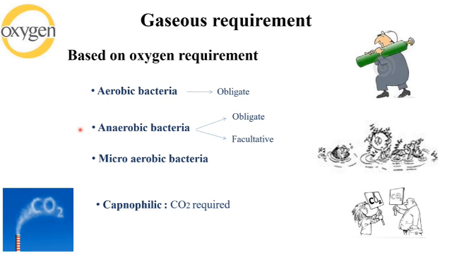Anaerobic bacteria are those organisms that live in the absence of oxygen. They are cultivated anaerobically. Anaerobic bacteria are again divided into obligate and facultative anaerobic bacteria. Obligate anaerobic bacteria live only in the absence of oxygen.